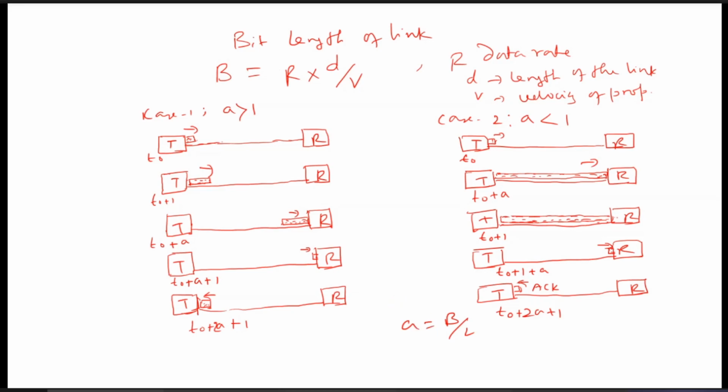So when A is less than 1, if you compare these two cases, it means the propagation time is less than the transmission time, then the frame is sufficiently long.